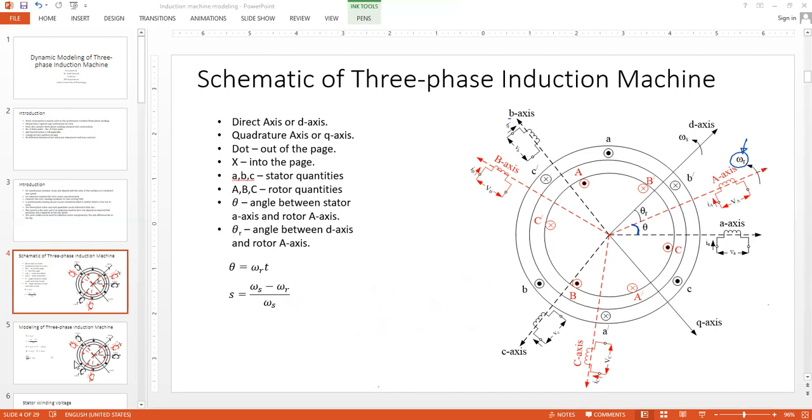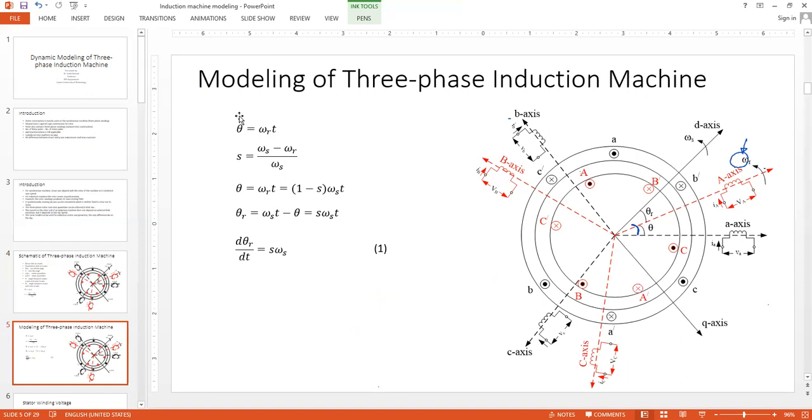So let's move on. The first two are actually repeated from the previous slide. So what's next? In the next one, we try to relate theta and s. How to do it? Simple mathematics. You see, theta is equal to omega r t. If we continue with this, we get s omega s equals omega s minus omega r.